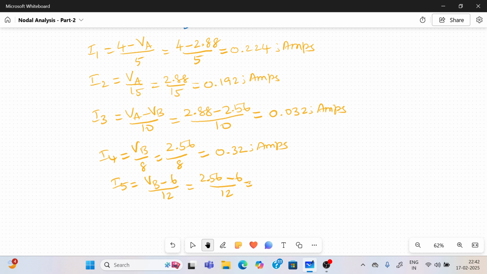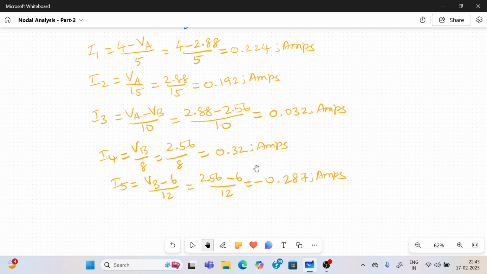The value is coming in negative, right? It should be minus 0.287 amps. So the actual current should be flowing in the opposite direction. Our assumed current direction is wrong.